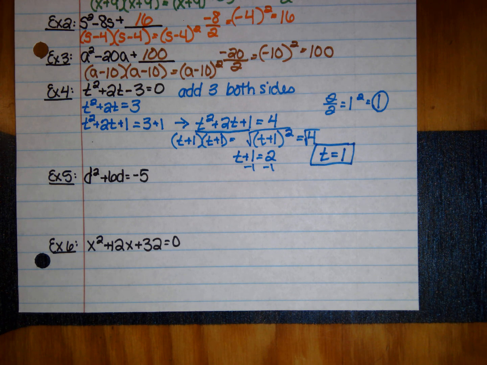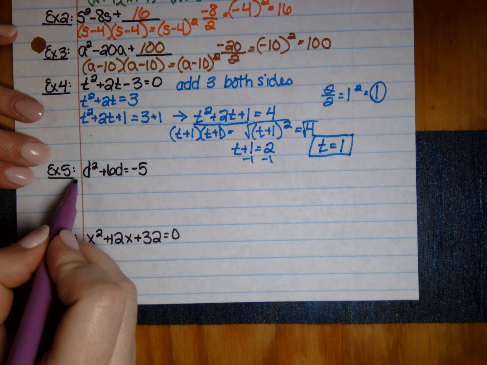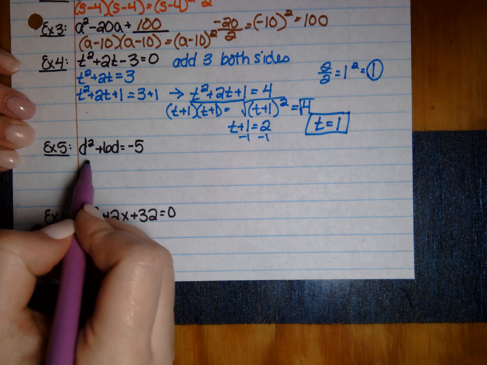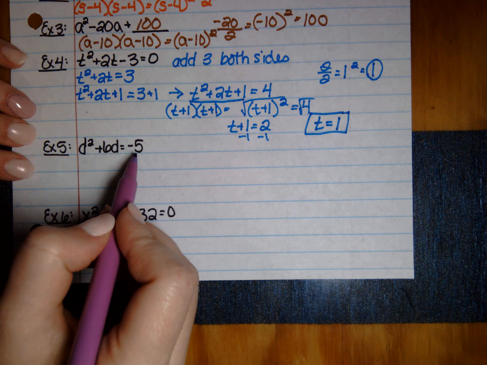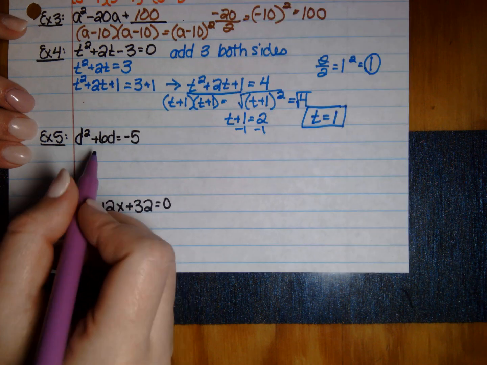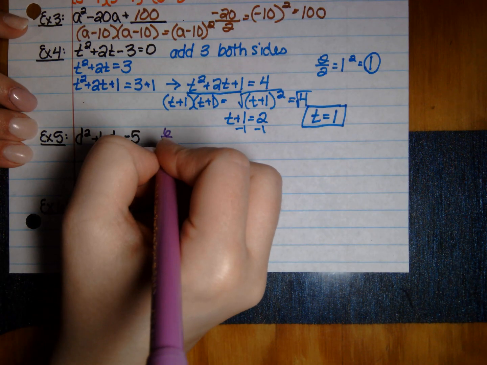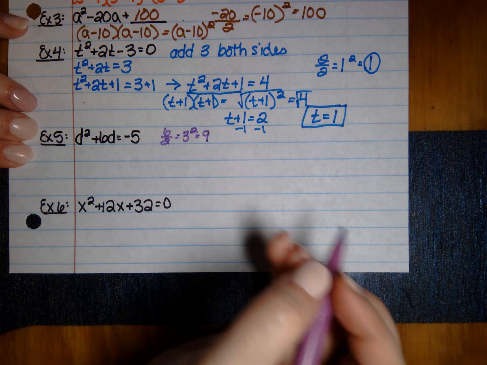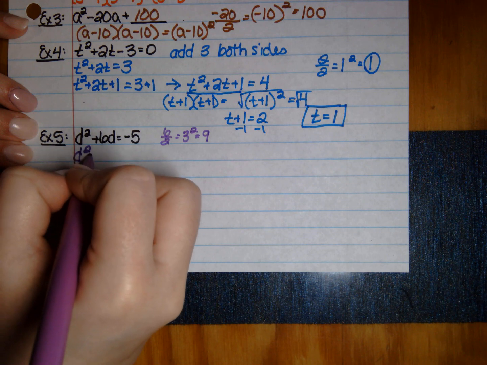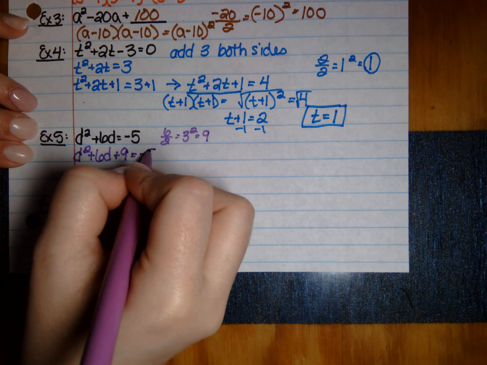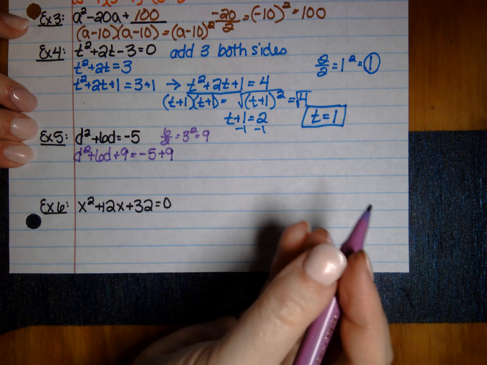For example 5, I had an a that was equal to 1, so I didn't need to do anything. My c is already moved over, so we can skip step 2. So we're moving right into step 3, which is half of b squared. Half of b is going to give me 3, and squared will give me 9. So I'm going to add 9 to both sides. So I have d squared plus 6d plus 9 is going to equal negative 5 plus 9.